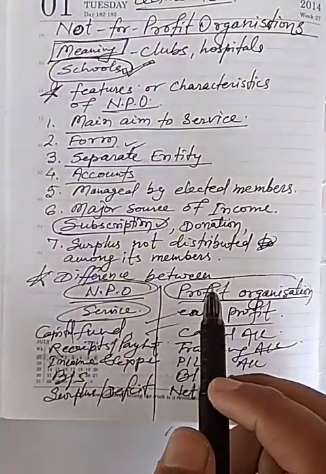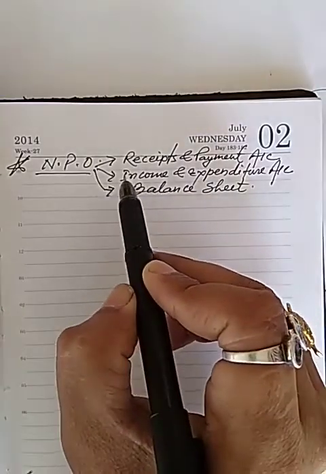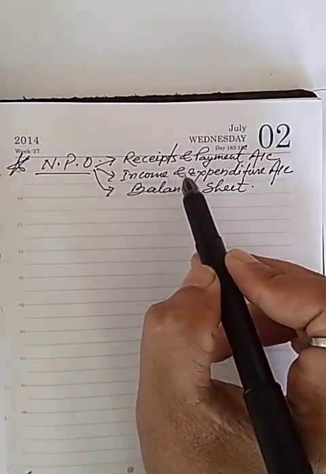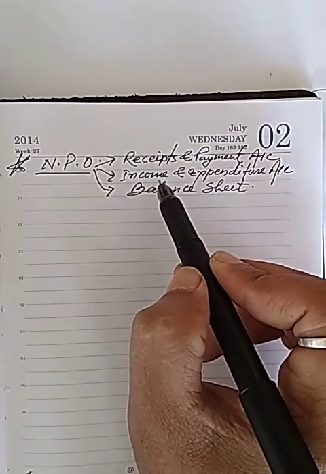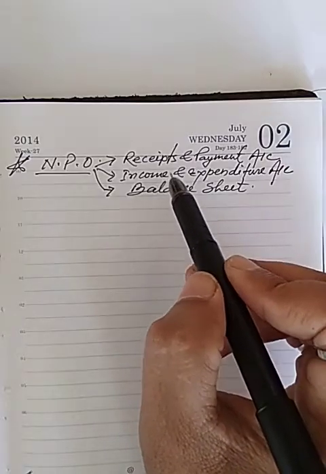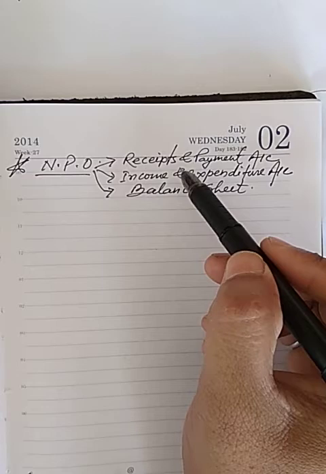Now the next point is, not-for-profit organizations also prepare their financial statements more or less on the lines of profit-seeking organizations.